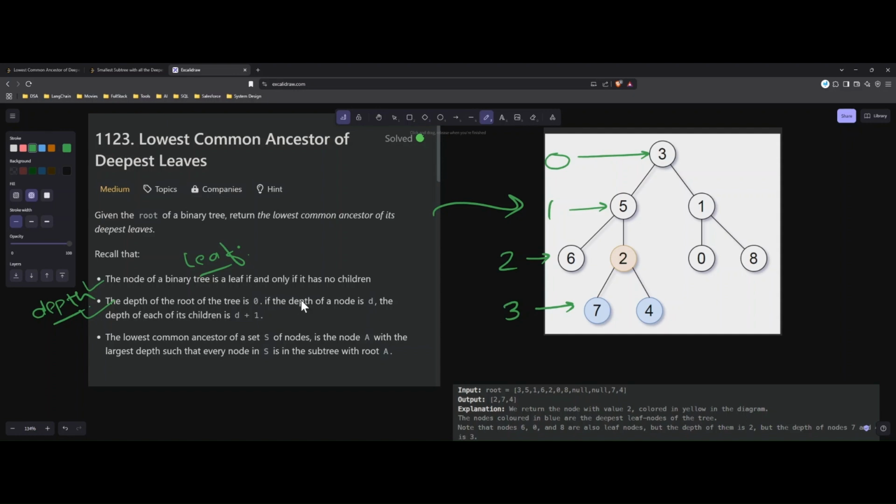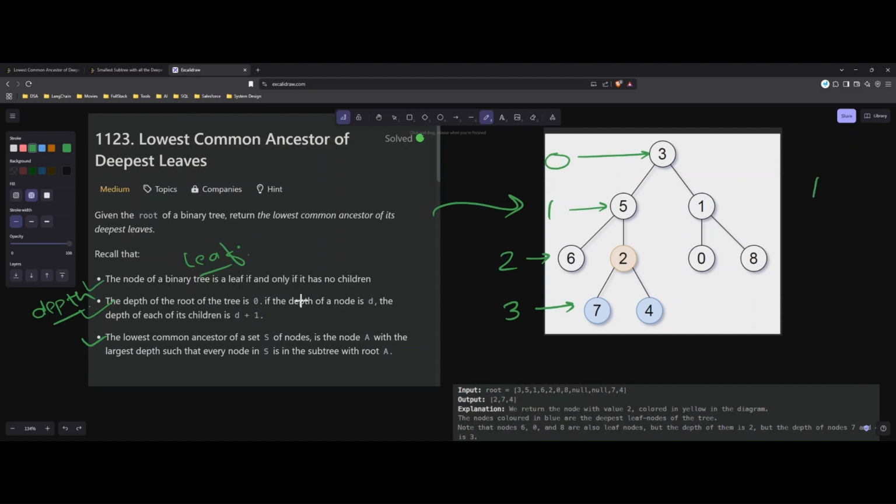Now coming to the last part, which is a bit confusing. The lowest common ancestor of a set S of nodes is the node A with the largest depth such that every node in S is in the subtree with root A. Speaking clearly, there are two things.